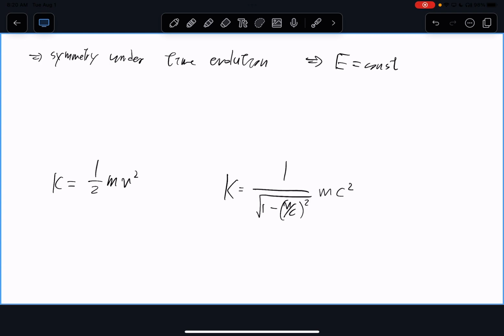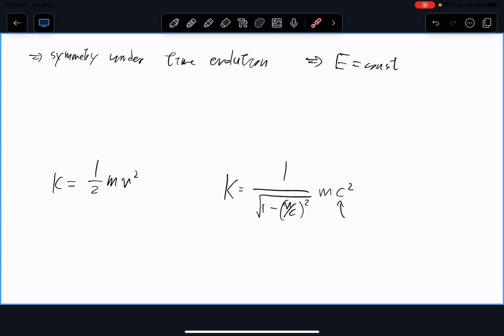It still depends on your speed, but there's this constant, which is some velocity. It should be some velocity or some speed, because you learned dimensional analysis and you see I am subtracting 1, a dimensionless number, with this ratio. So this ratio had better be dimensionless.